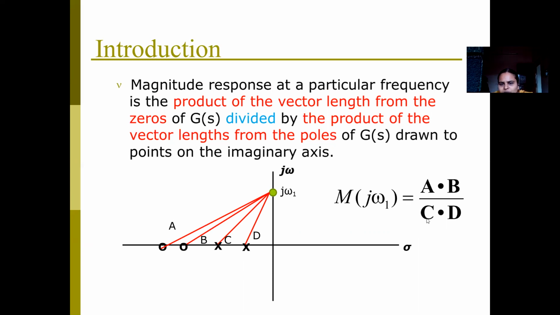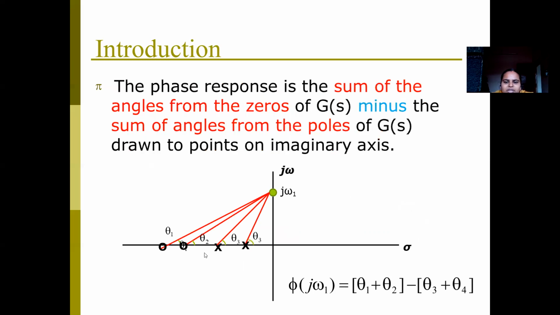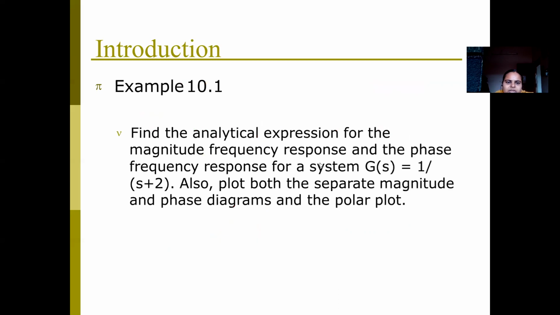Means zeros to poles, I can go with that. The angles are taken as theta1, theta2 for zeros and theta3, theta4 for poles. Therefore the total angle I will get is the sum of the zero angles minus the sum of the pole angles: theta1 plus theta2 minus theta3 plus theta4.